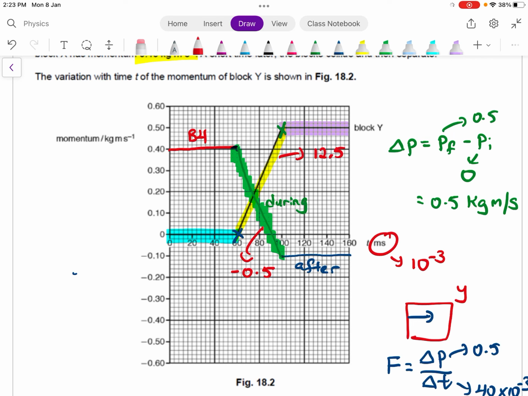Then after that, the gradient of the green one is negative 12.5. So we realize that the number is the same. How come the number is the same?